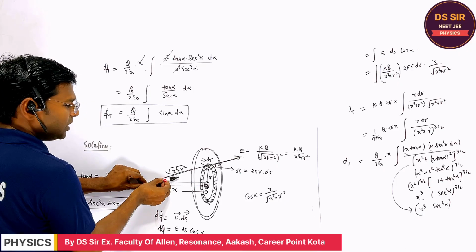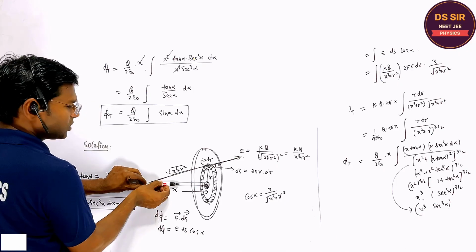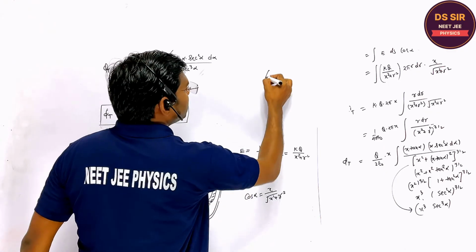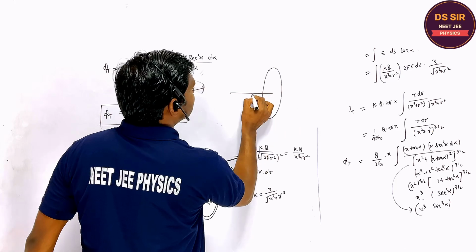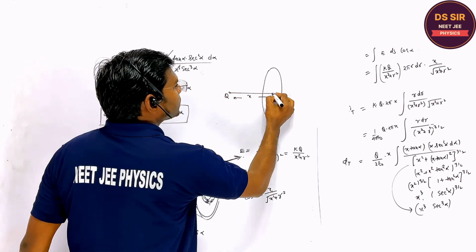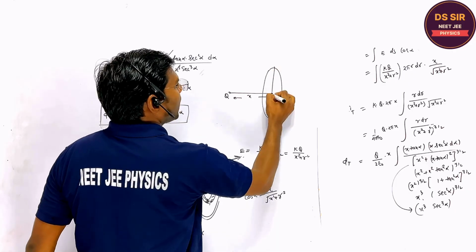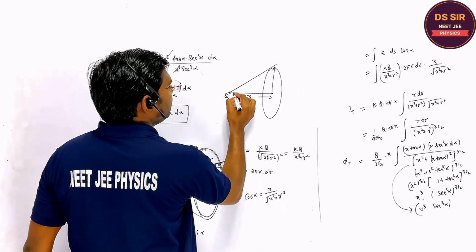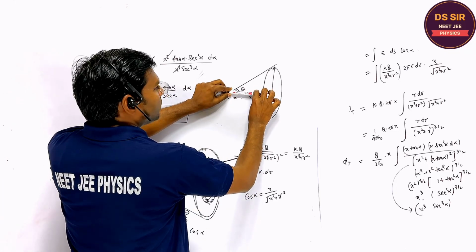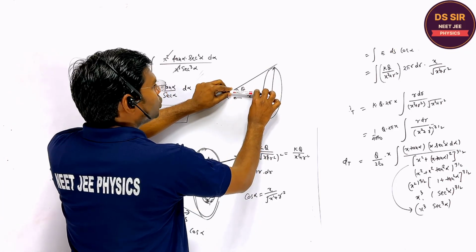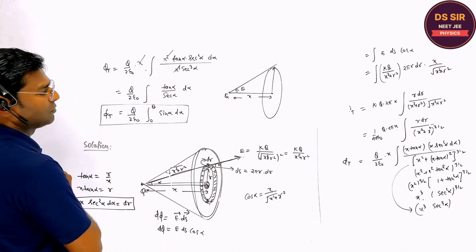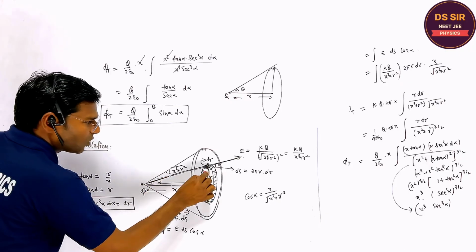Then as the rings are increasing, the radius of the ring is increasing, the value of alpha is increasing. So if you consider, this is the disk, this is the point where the charge q is placed. So the ring starts from r equal to 0 to capital R, right? So the value of alpha varies from 0 to theta, right? 0 to theta.